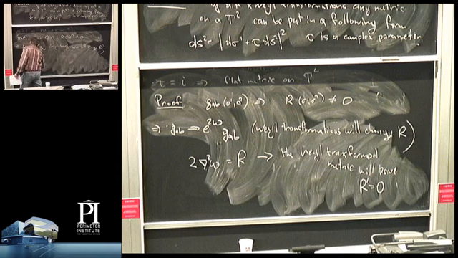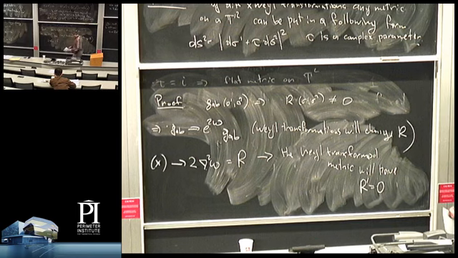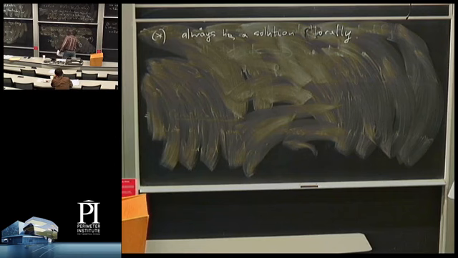In particular, if I choose my Weyl factor ω to satisfy the following equation, where this is just the Laplacian on the worldsheet, 2∇²ω = R, the original R, then the Weyl-transformed metric will have zero curvature.